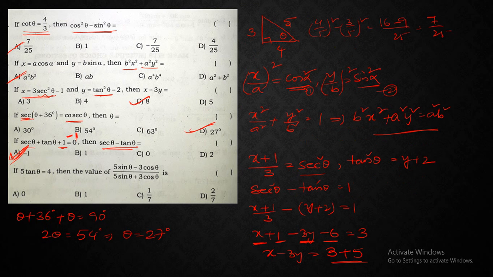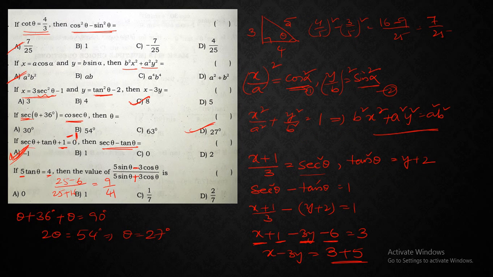So 5 is denominator, 4 is numerator. So 25 minus 16, because in the numerator you are having minus, in the denominator you are having plus. So 25 minus 16 by 25 plus 16. So 25 minus 16 is 9 by 25 plus 16 is nothing but 41, right?